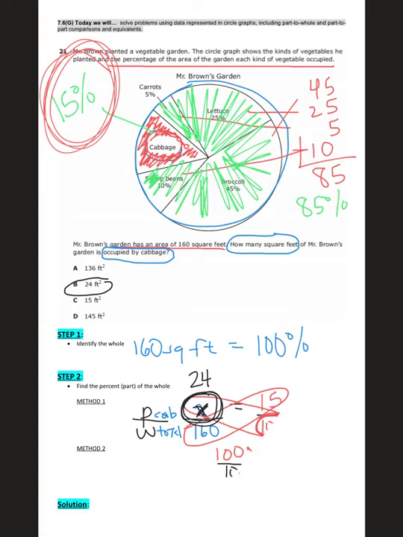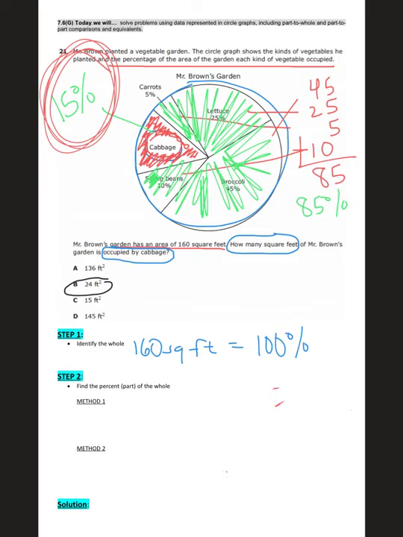I'm going to show you a different way of finding a percent of a whole, or a part of a whole. Now here, whenever we're trying to find a percent of a number, in class, whenever we went over these, we always said that the word "of" in a percent of problem tells us that we're going to multiply. So we're going to multiply the percent. We found out that cabbage was 15%.